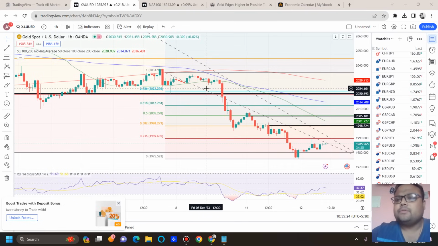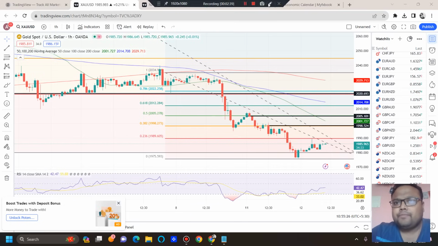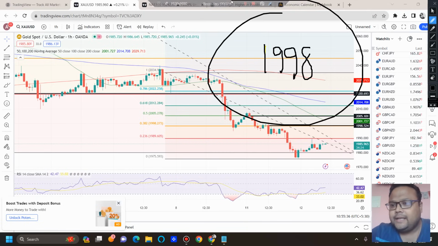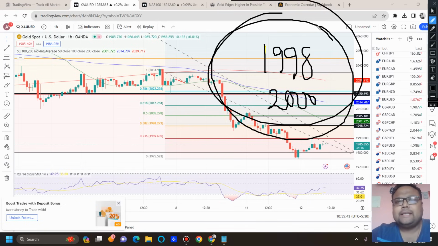So before news, if you see gold going up, observe the market around 1998. Let me change the color. Observe the market around 1998, and 1998-1999 seems to be a good resistance, or let's make it a round number: 1998 to 2000 is the next resistance where we can expect the market to face some selling pressure, or where we can say the sellers are present. Why?